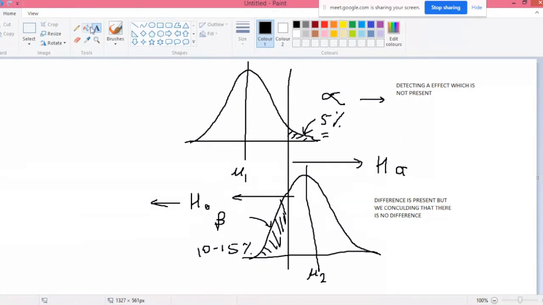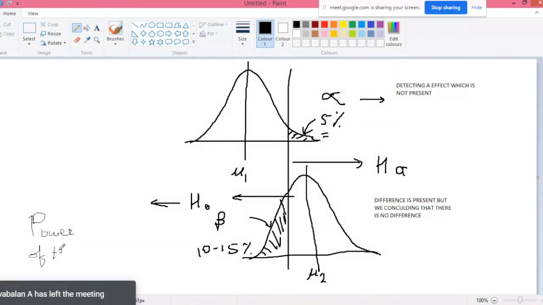That's why we take power as 1 minus beta. Power of test is 1 minus beta. These two graphs are for two different samples. Power of test is always 1 minus beta. Now, if you want higher power, what will happen?